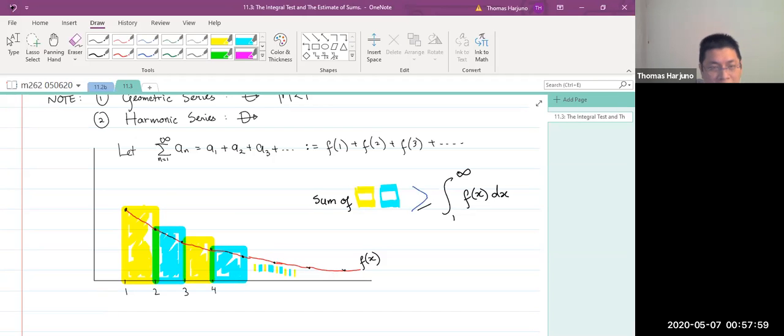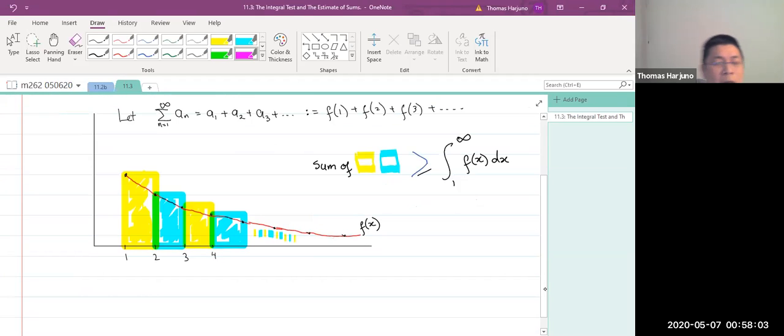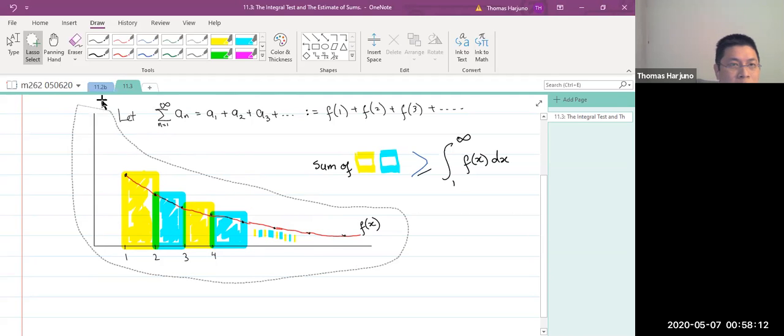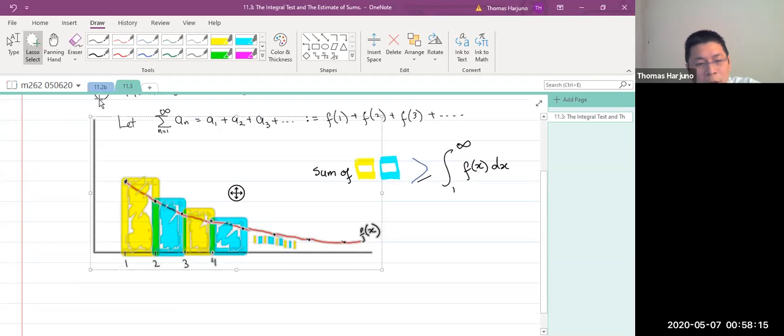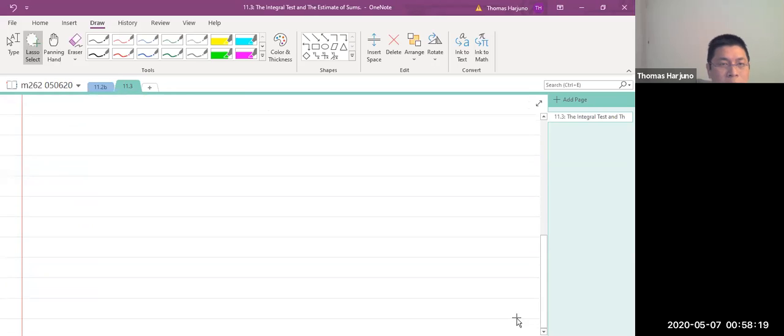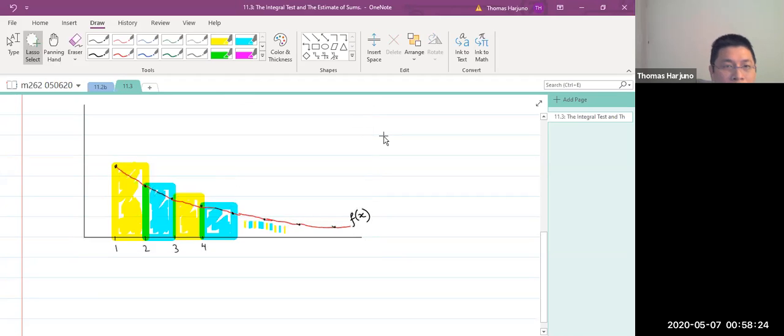Now, on the other hand, I would like to copy this graph and see another point of view. I want to do the following. I will erase this guy.